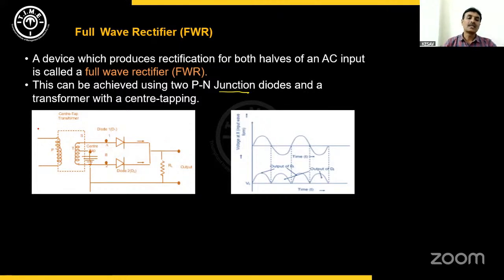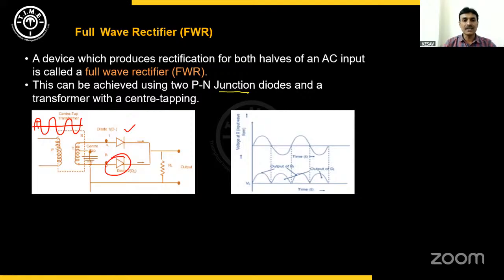Now, see, when AC is fed to this transformer here, AC contains alternating positive and negative half cycles. For positive half cycle, one diode conducts. It will be in forward bias mode for one half cycle, positive half cycle. And for this positive half cycle, the second diode will be in reverse bias mode. So it does not conduct.